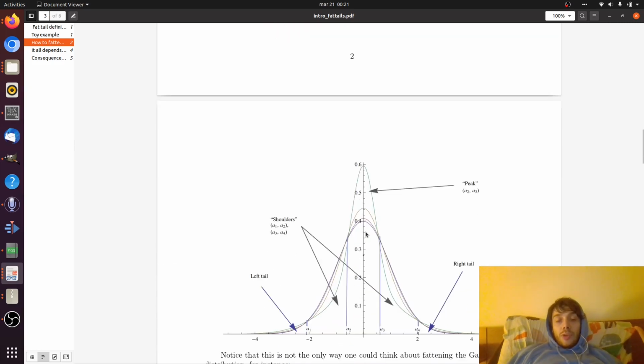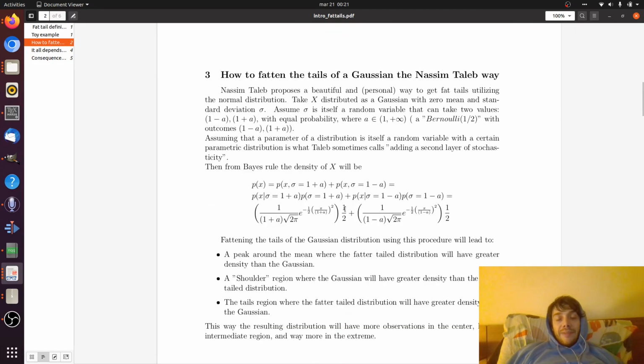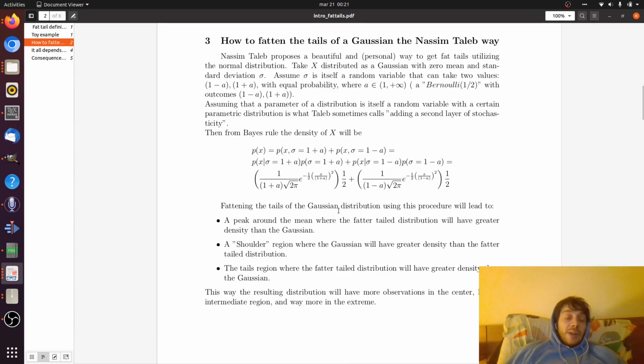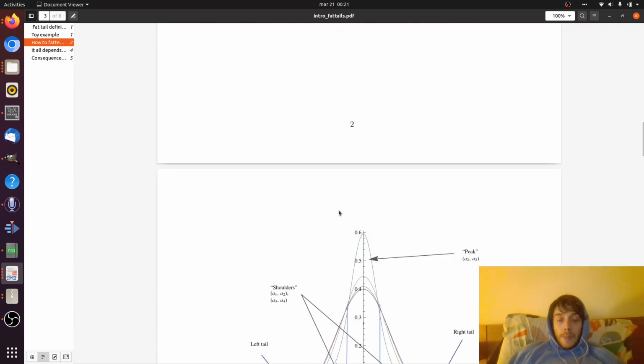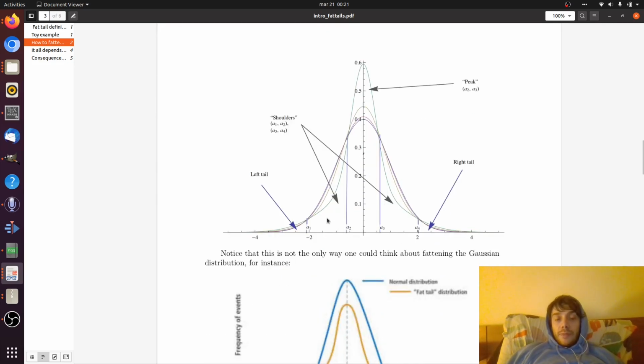Now, why would you want to fatten distributions like this? Well, firstly, as you have seen, it's very pleasing mathematically, but then secondly, some data generation processes might actually follow this kind of light green density. So it makes sense to fatten a Gaussian this way.